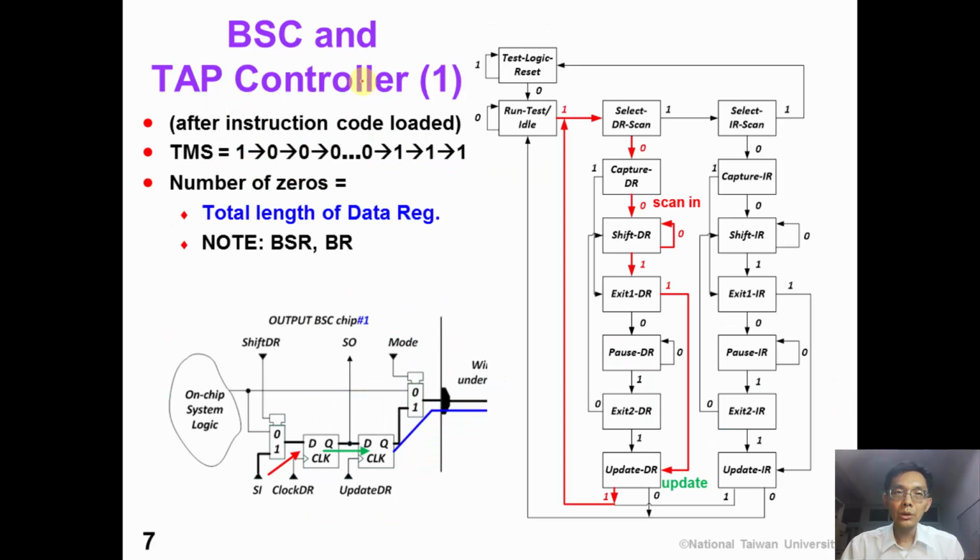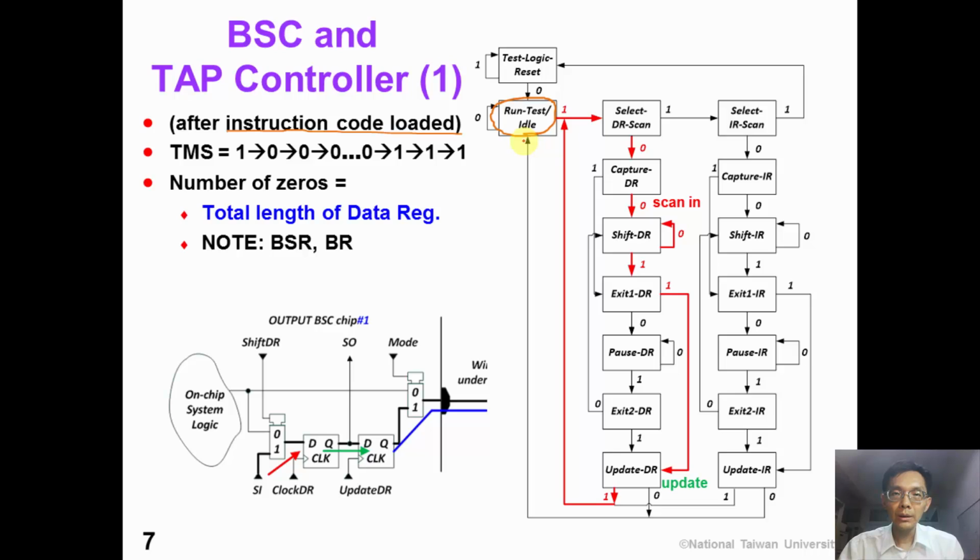This slide shows the state transition in the tap controller. Suppose that the instruction code has already been loaded, so that we are now in the run test idle state.